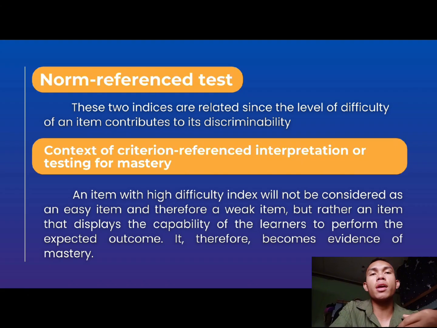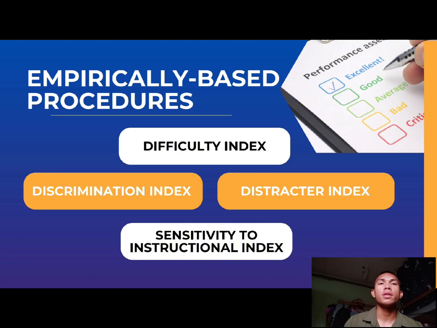When students are able to answer difficult items correctly, it becomes strong evidence that they have truly mastered the lesson being tested. So in empirically based procedure, there are 4 indexes.